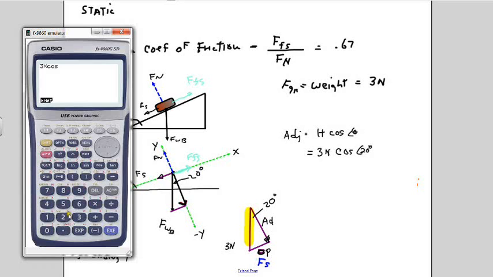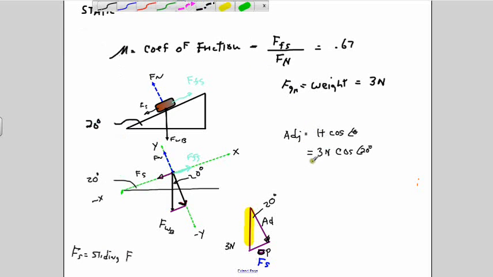So that would be 3 times the cosine of 20 degrees, which is equal to 2.81 newtons.